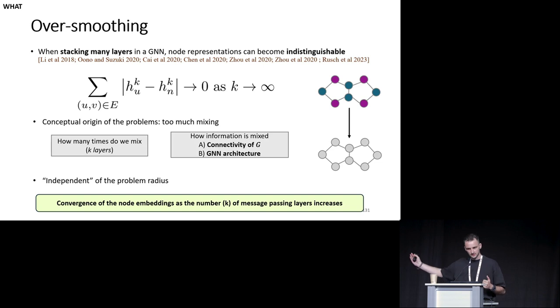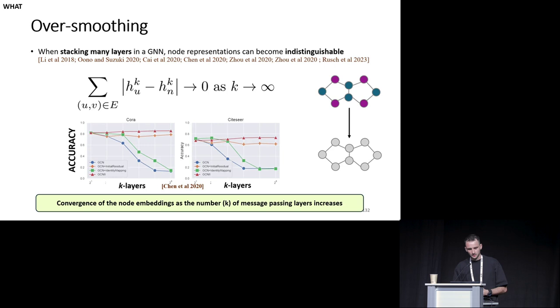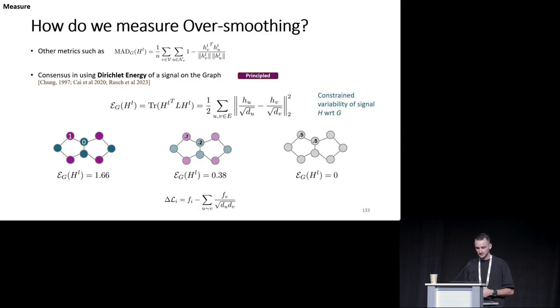But theoretically, it will happen. And of course it decreases accuracy if all the features collapse to the same value. Here's a bit of a spoiler: this is accuracy against the number of layers of a GNN, so it decreases, but there will be some approaches that mitigate this problem.